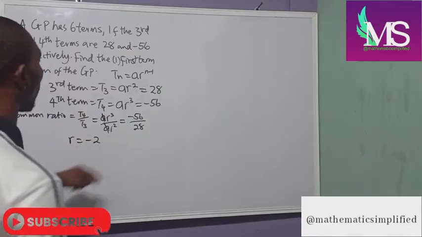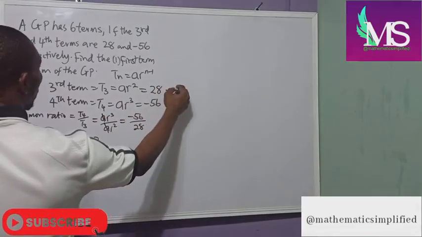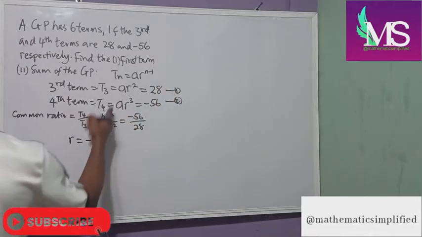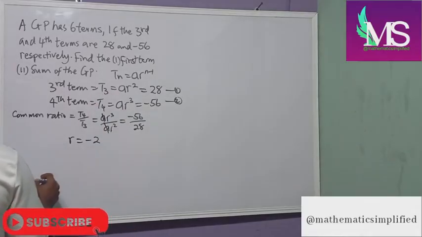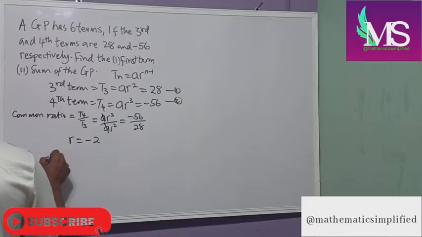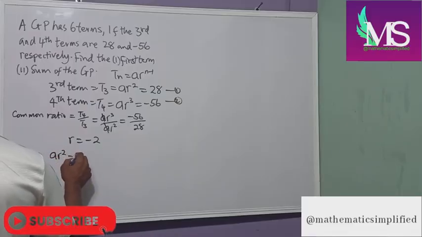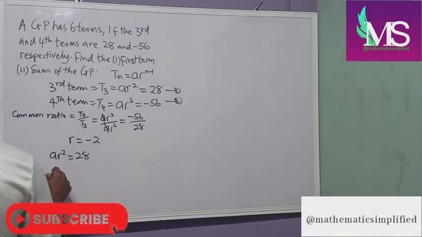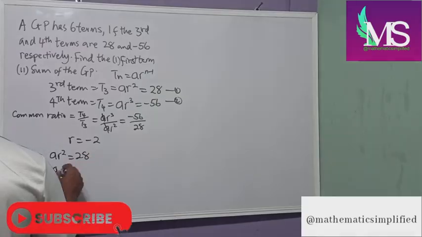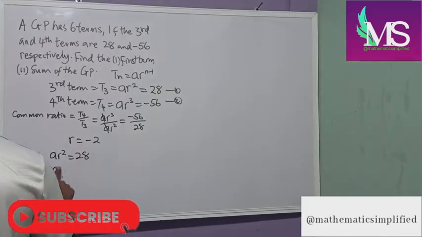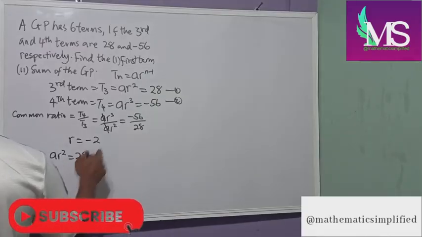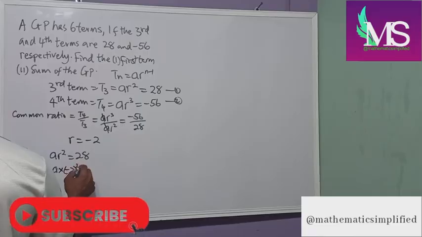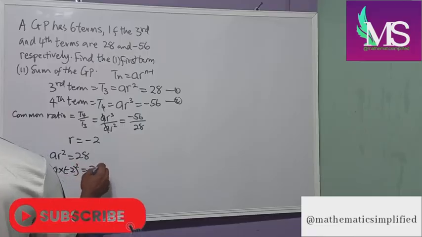So for us to find our first term, we can use any of these equations. Let's go with equation 1, which says ar raised to power 2 equals 28, where a is what we are looking for. So this becomes a times our common ratio, which is minus 2, all squared, equals 28.